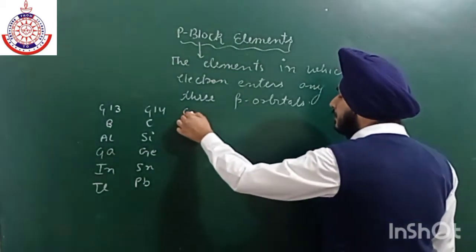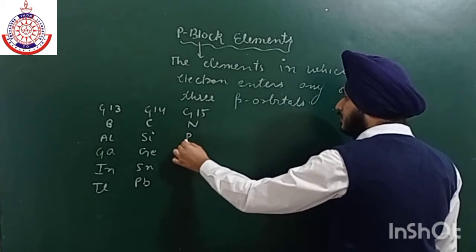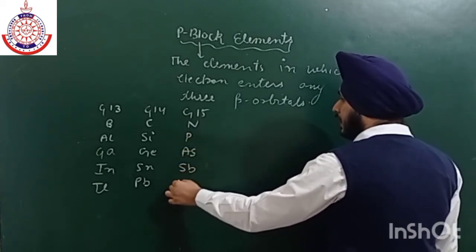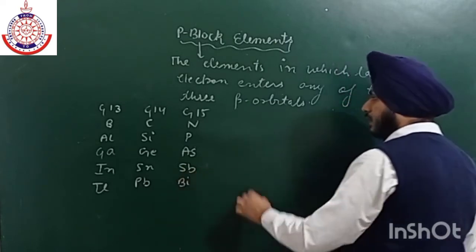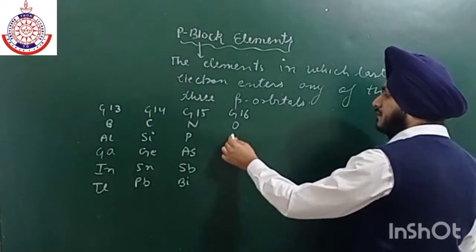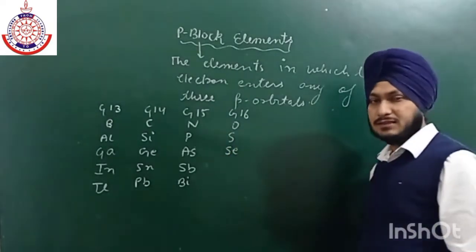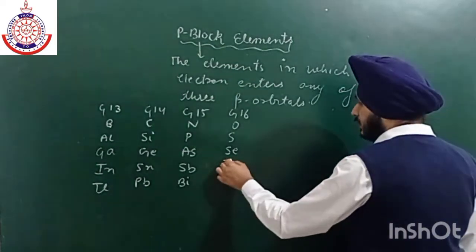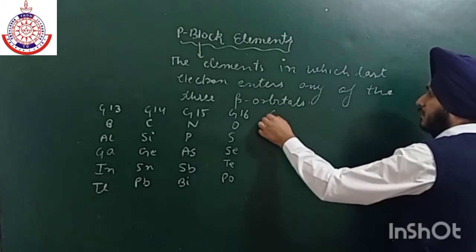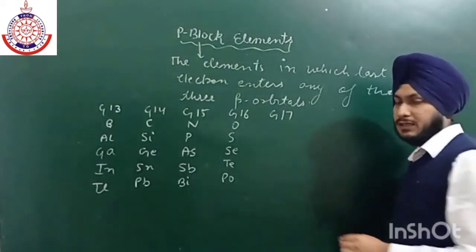Then we have group number 15, the nitrogen family: nitrogen, phosphorus, arsenic, antimony, and bismuth. Group number 16 is the oxygen family: oxygen, sulfur, selenium, tellurium, polonium. Then group number 17 is the halogen family.